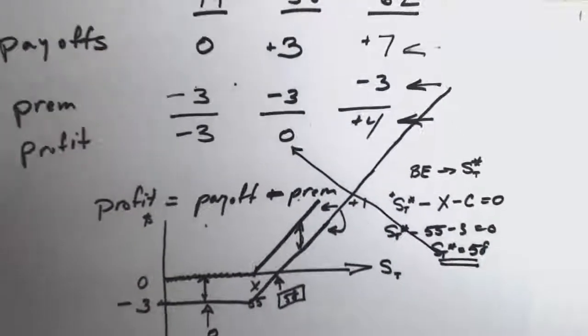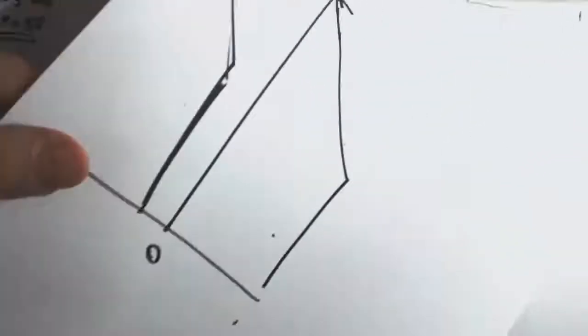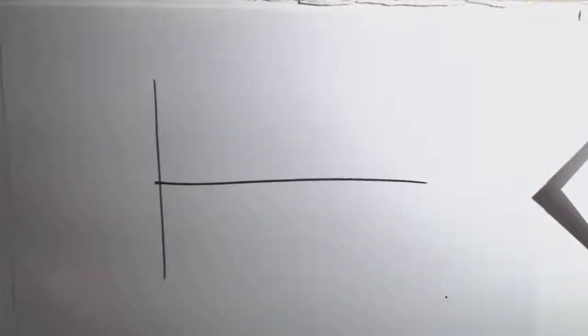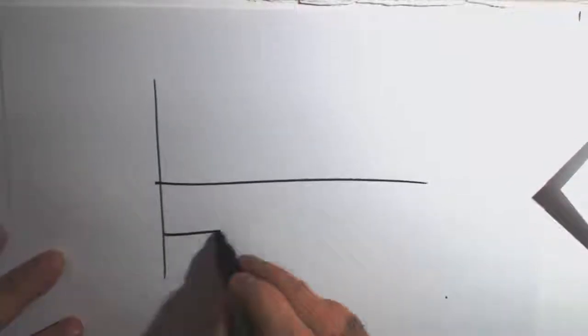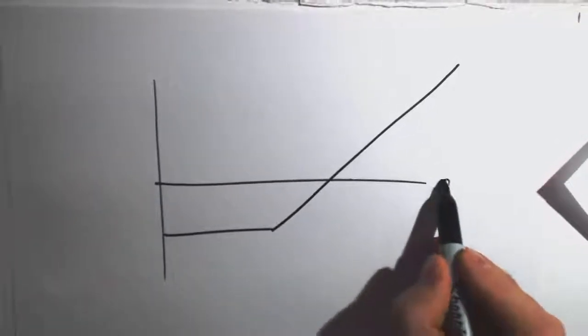And as soon as you hear a long call, get yourself a nice clean piece of paper. Before you do any analysis, this is what you should be thinking in terms of the profit: the shape of this hockey stick in this form.